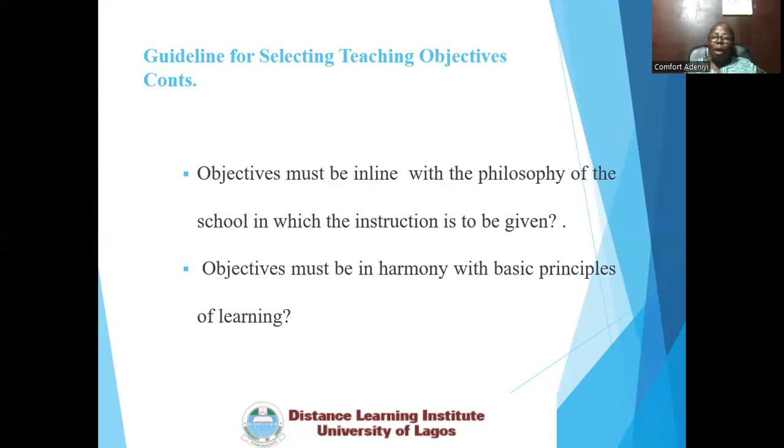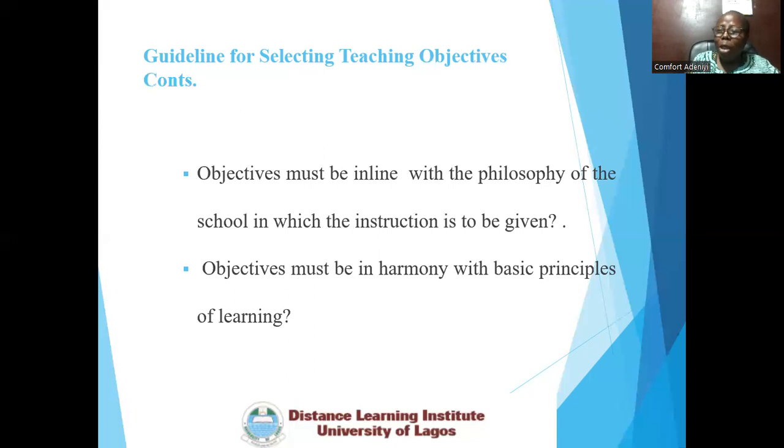Also, an objective must be in line with the philosophy of the school in which the instruction is to be given. That is to say, if you are setting an objective, you need to know the purpose of those students being in school. If, for instance, it is a student preparing for a particular exam, those objectives must be in line with what is required of the students to pass such exams.